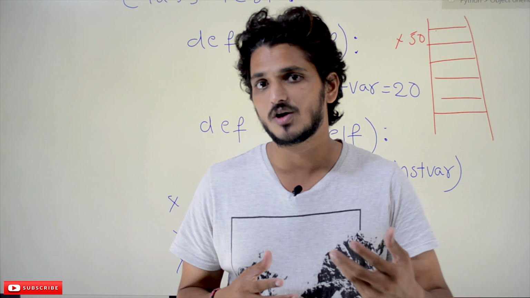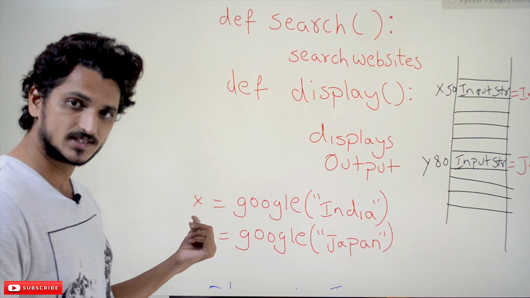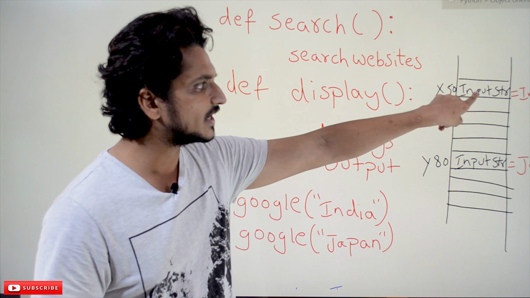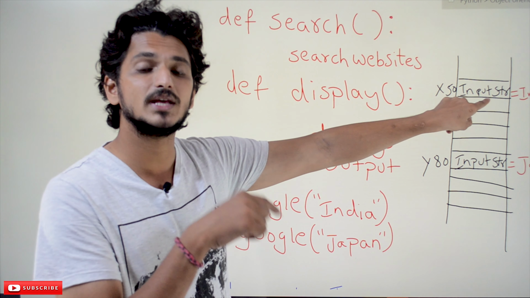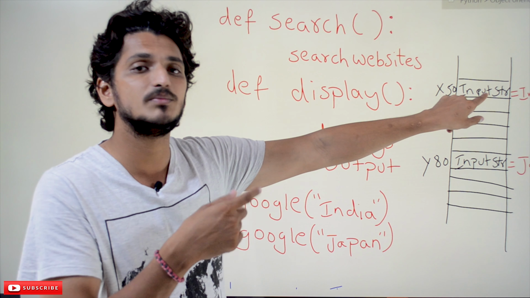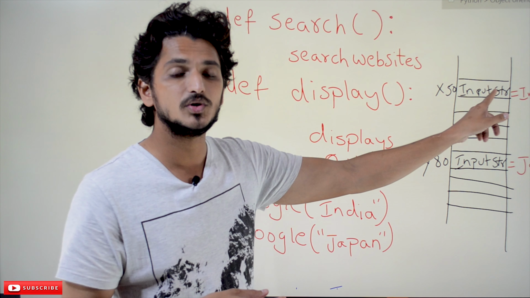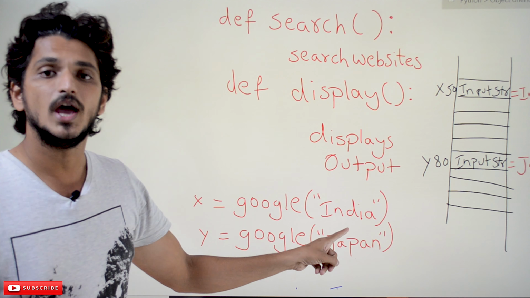Whenever we define an object, a separate memory space is assigned. Object x is given a separate memory location. In that memory location we save the variable input str, which is given the value India.